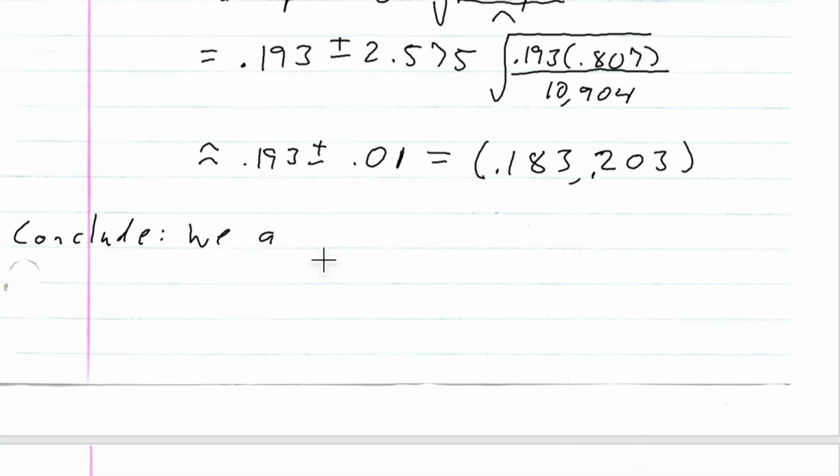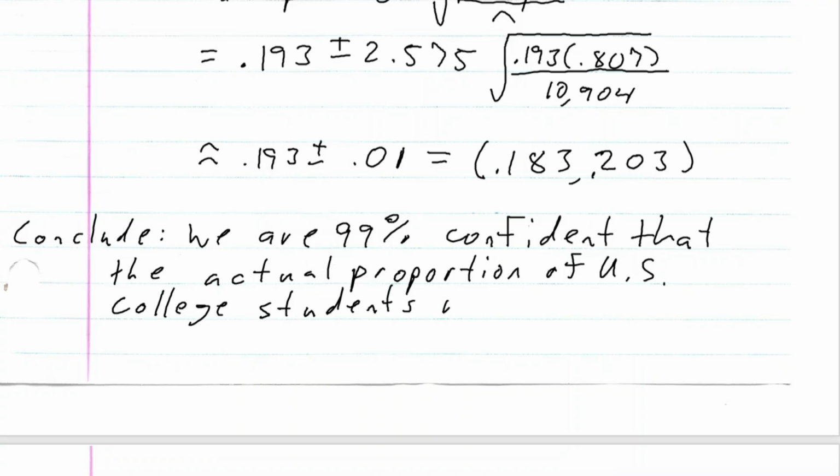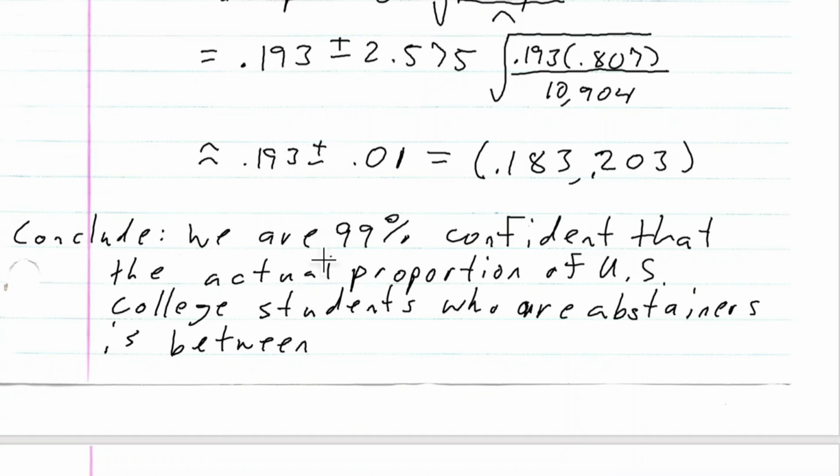Okay, we are 99% confident that the actual proportion of U.S. college students who are abstainers is between about 18.3% and 20.3%.